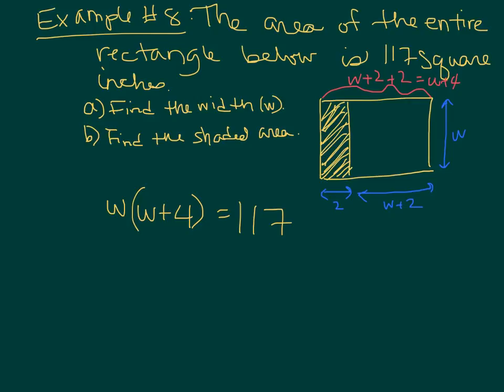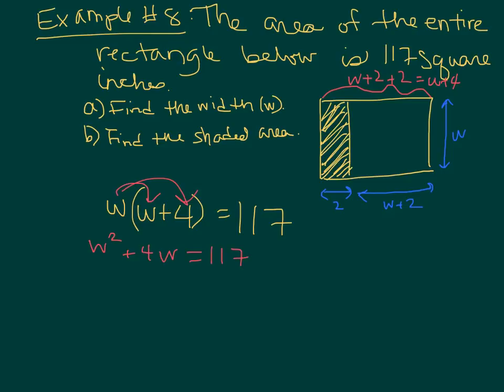Okay, so from there, I have several things that I need to do. Unfortunately, none of them are very easy. So I'm going to start by using the distributive property with this W. That gives me W squared plus 4W equals 117.